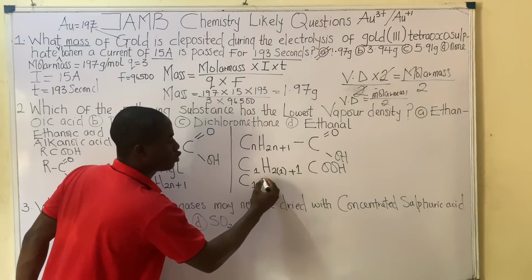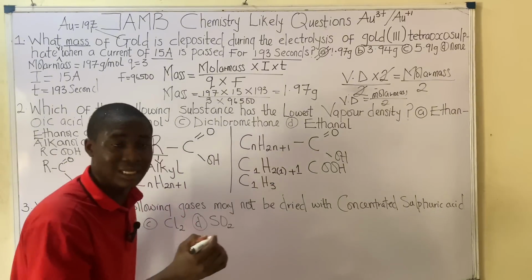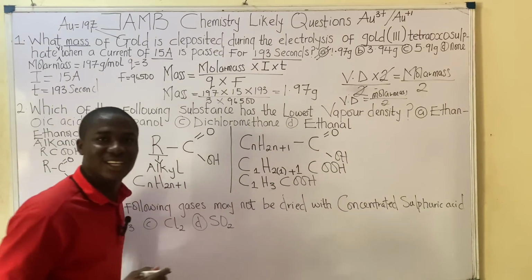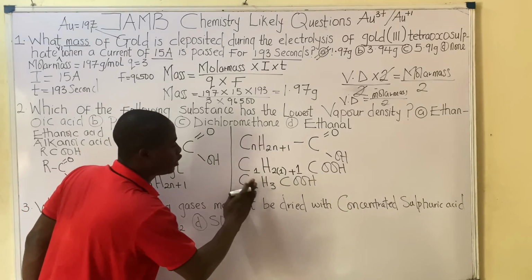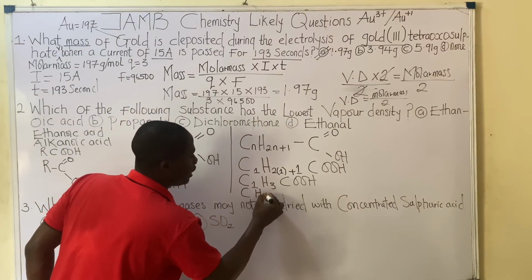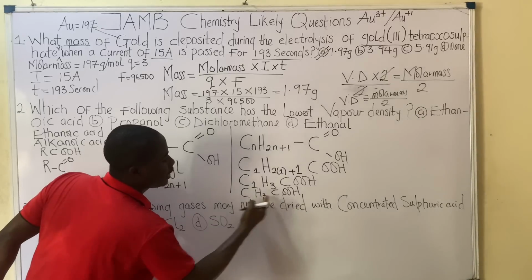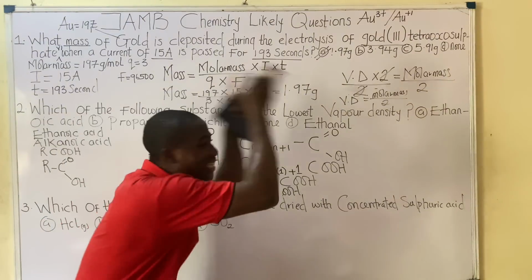So 2 times 1, that's 2. So H2 plus 1, that's 3. Do you understand? And here becomes COOH. Do you get? So 1 is negligible, in the sense that I can actually rewrite it to be CH3COOH. And at the end of everything, how many carbons do you think this compound has? It has 2 carbons. So definitely this is ethanoic acid.